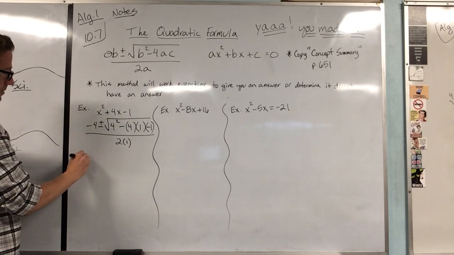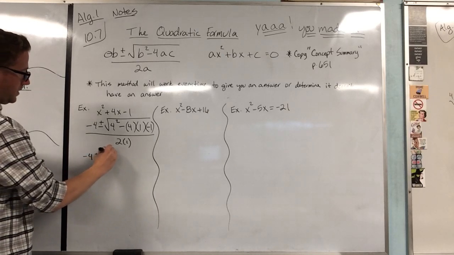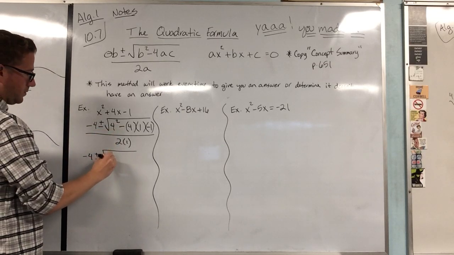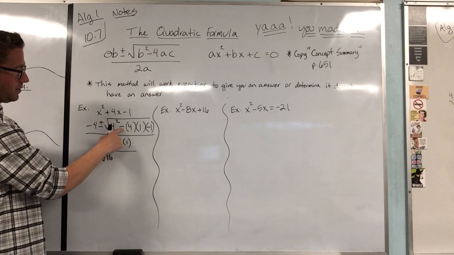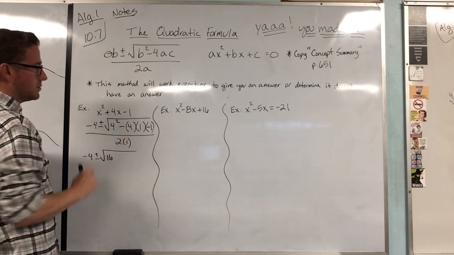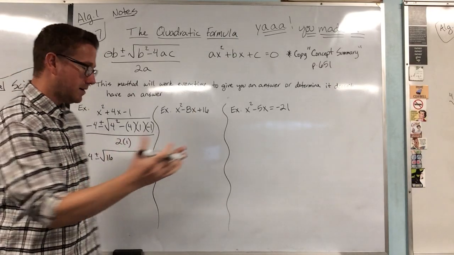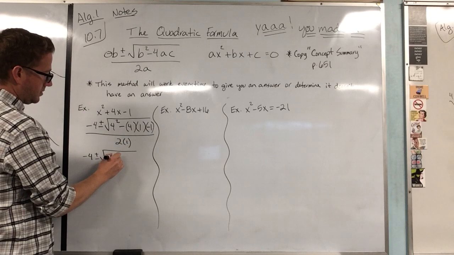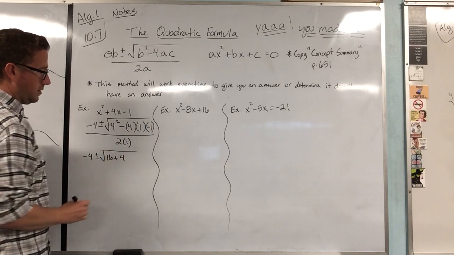Got a negative 4, stays on the outside, plus or minus, and then underneath this radical, you got 4 squared, which is 16. That negative sign goes with that 4, so it's negative 4 times 1, which is negative 4, and then that negative 4 is multiplied by that negative 1, and that's going to turn it into a positive 4.